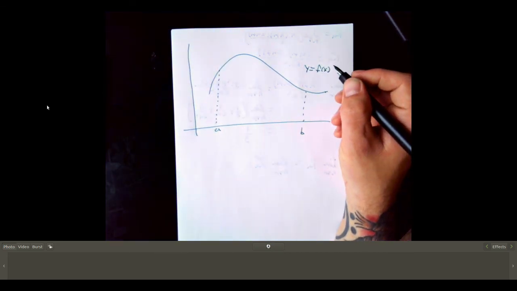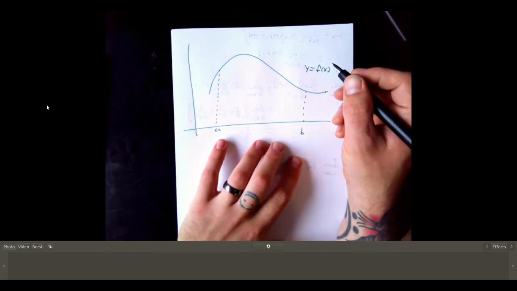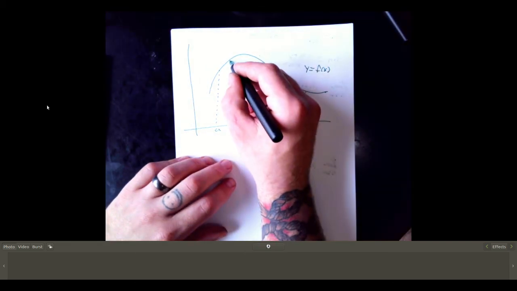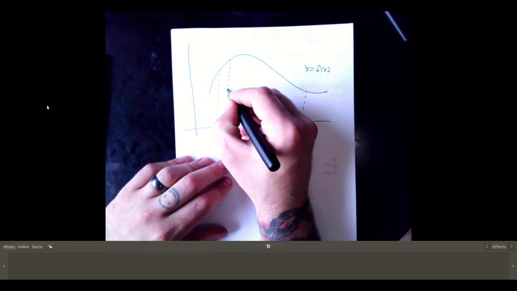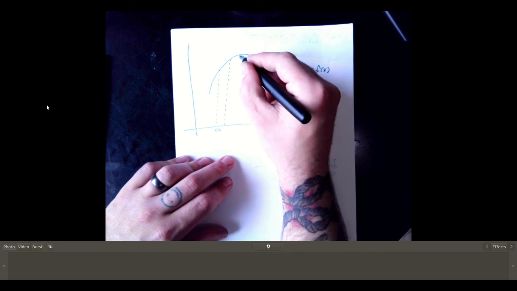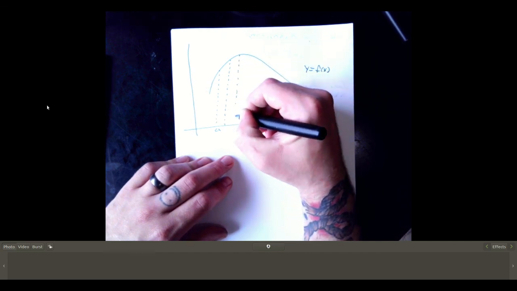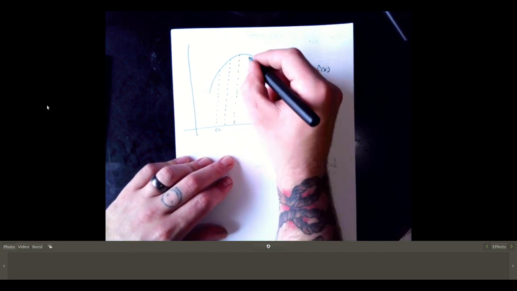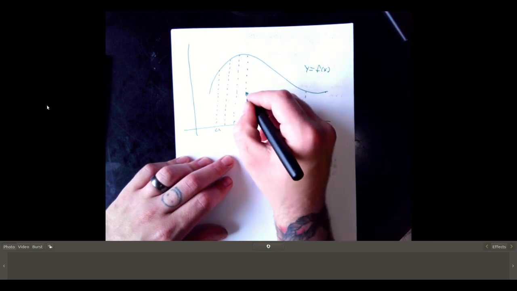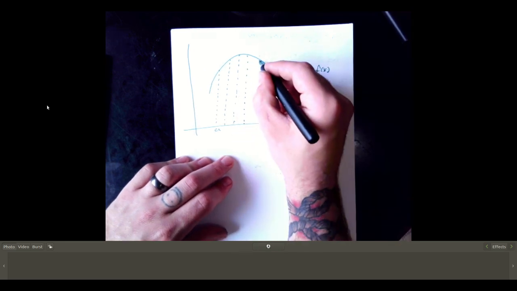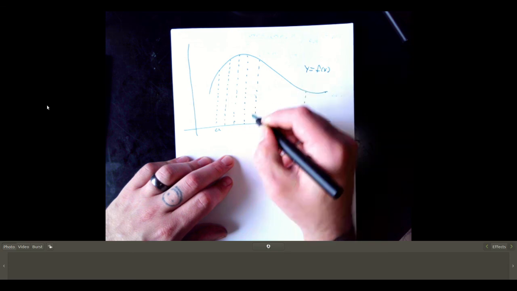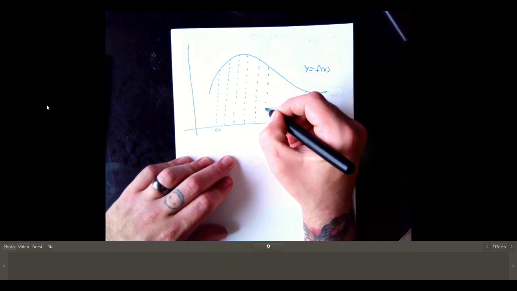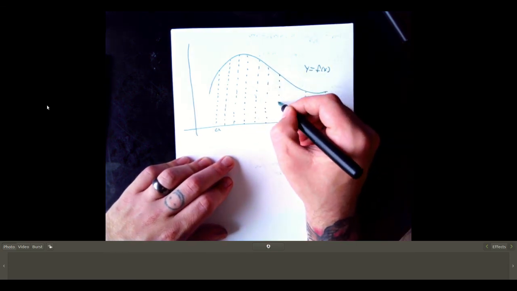And so what we're talking about doing is dividing this thing up into a bunch of different regions. And these aren't rectangles or anything like that. These are just our regions. Our slices, if you will.